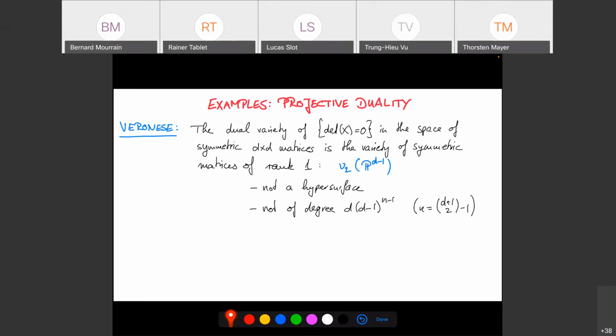So that's a relatively simple computation. But of course, this is not a hypersurface. It has dimension d minus 1, projectively speaking, but it lives in a (d+1 choose 2) minus 1 dimensional space, so it's very far away from being a hypersurface. And its degree is also not d times (d minus 1) to the n minus 1, but some other number.